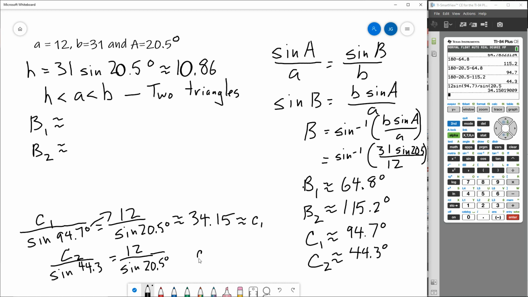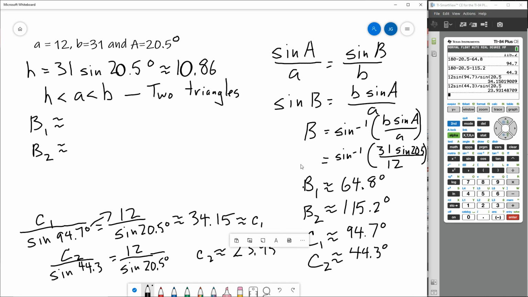Plugging this into the calculator, that will be 12 sine of 44.3 divided by sine of 20.5. That will get me approximately 23.93. And there we go.